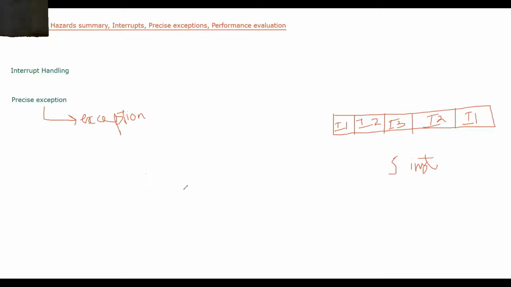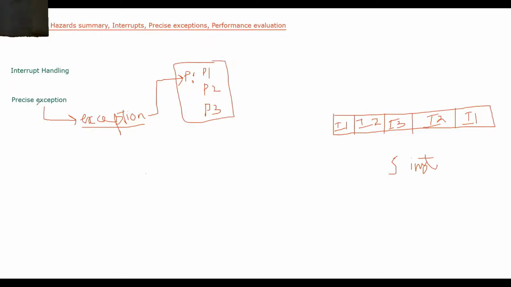Now, what a precise exception says is that whenever an exception is generated by a program, we know that we have to run some program. Let's say the instructions of this program are P1, P2, P3. These are the instructions of this program, the exception handler.